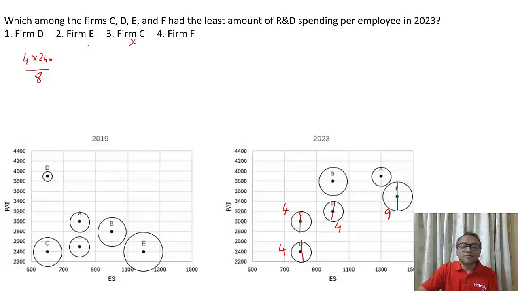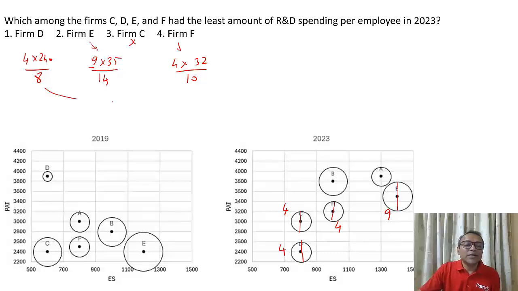So I may ignore C. Then E: 9 into 3500 profit, 35 upon 14. Because of this 9, it goes comparatively higher. And F is 4 into 32 upon 10.